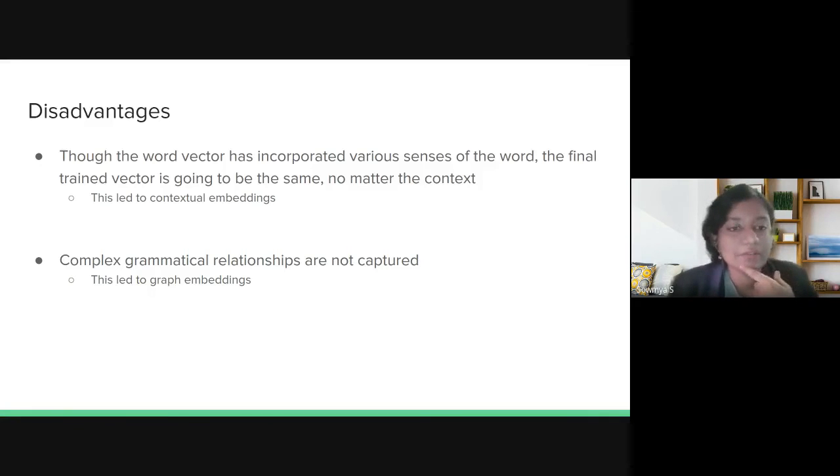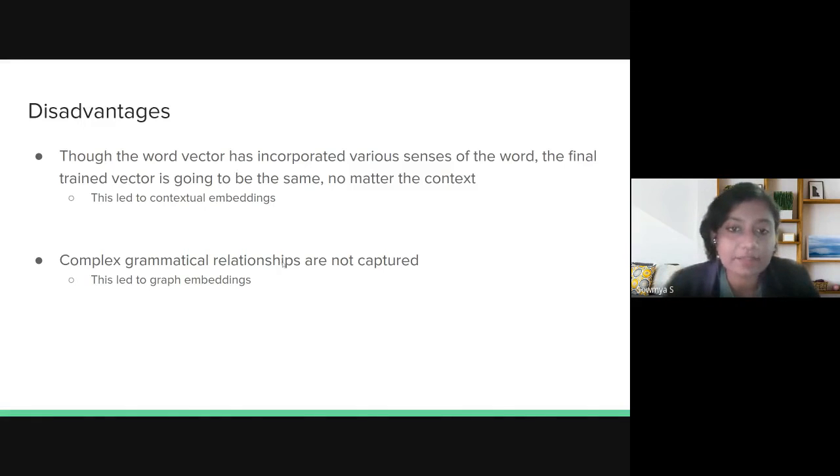So if I input a sentence like "the bank building is close to me," the vectorial representation of bank is going to be exactly the same whether this is the sentence or the sentence is "the bank of Ganga." This idea led to the development of contextual embeddings, where you enter the sentence and you get different embeddings for the same word depending on the context.